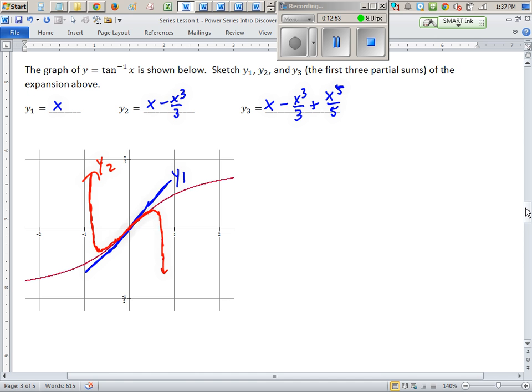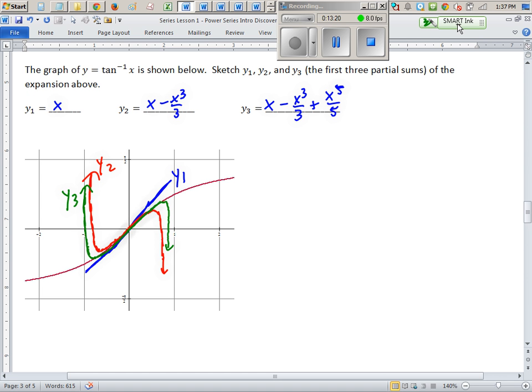It comes along, hugs the curve, stays close for a while, and then diverges apart. Right? y3 is a 5th degree polynomial. And that's this green one. And it does an even better job hugging the curve, hanging on tight, but it does diverge away. And this is y3.